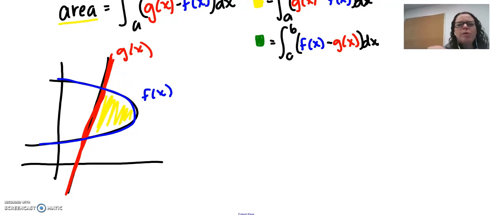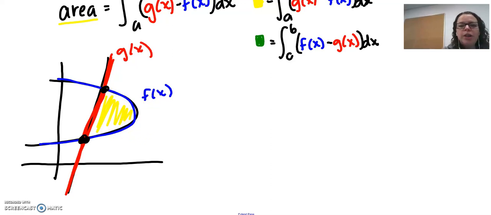If I think about representative rectangles, if I have this coordinate point where these are intersecting, and this coordinate point, if I were to draw in rectangles from top to bottom, I would end up with red minus blue, red minus blue, red minus blue, red minus blue until this moment. Then all of a sudden I go blue minus blue, blue minus blue, and I'd have to create two separate integrals.